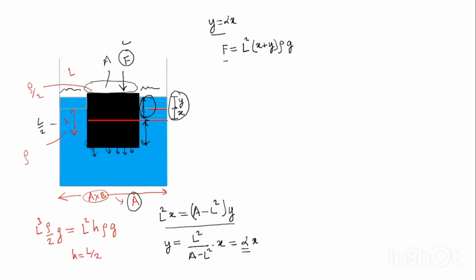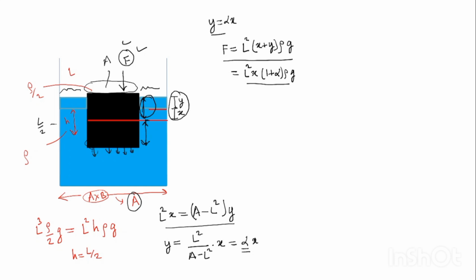This is the force which is being applied by the external agency in order to keep it in equilibrium when it has been pushed down by distance x. So now you can write y as alpha x. So F is nothing but L square x times 1 plus alpha times rho g.